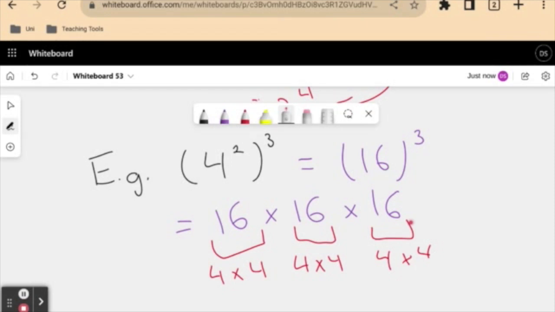And what we know from indices is that if we imagine each of these to be to the power of 1, when we multiply two numbers of the same base, we add their powers. So this is just like saying 1 plus 1 plus 1 plus 1 plus 1 plus 1, which gives us 4 to the power of 6.